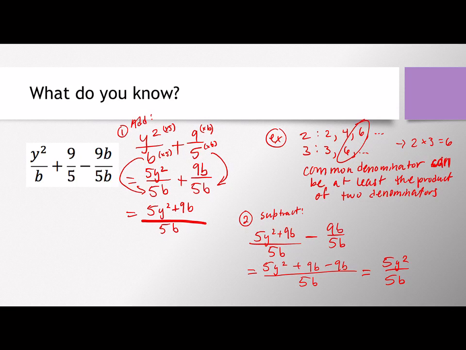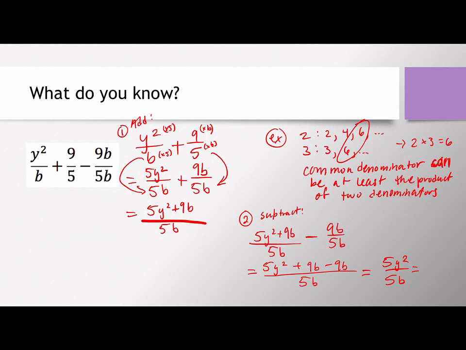Now let's check if our answer is in simplest form. Can we simplify our fraction even more by factoring out the same thing from the numerator and denominator? I'm actually going to be more explicit with this factoring instead of just canceling out, because we're going to use this in our division and multiplication of rational expressions, or the fractions with variables in them.